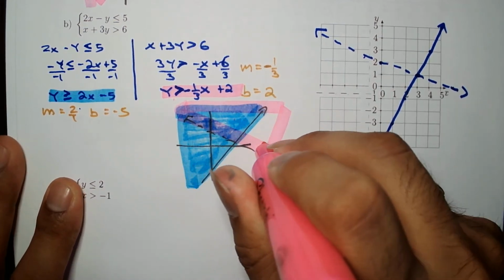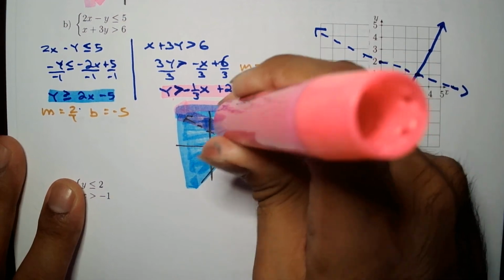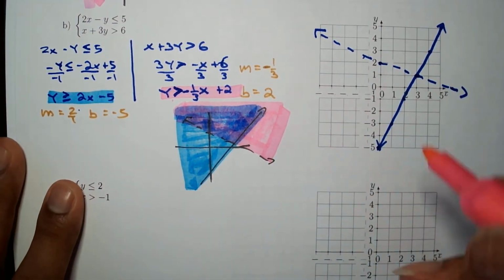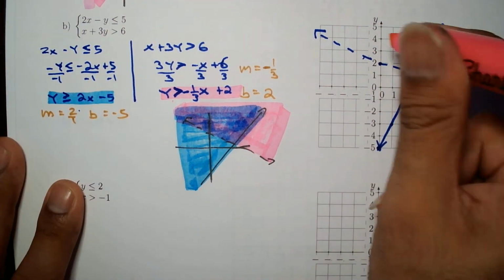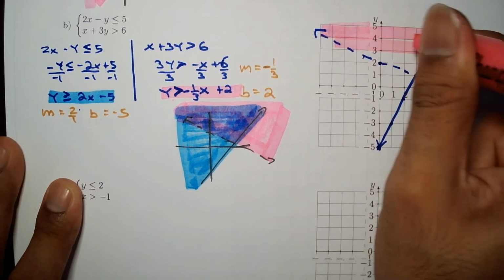All right, so in this case, where is the overlap? The overlap is going to be right here in this region. So let's go ahead and shade.